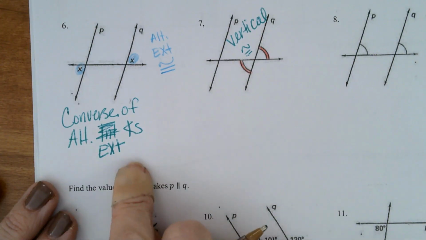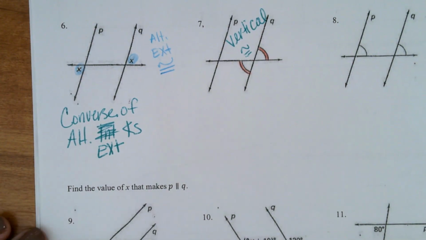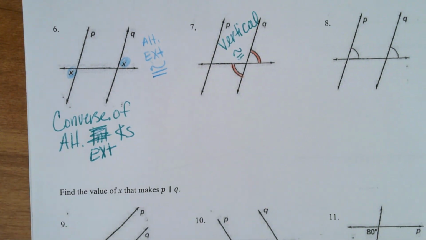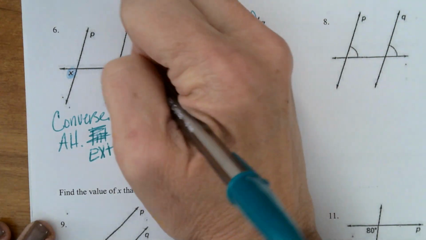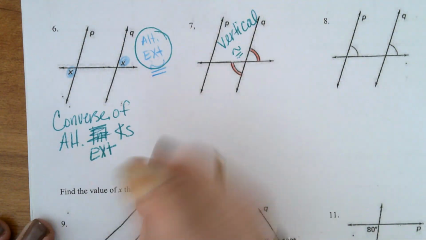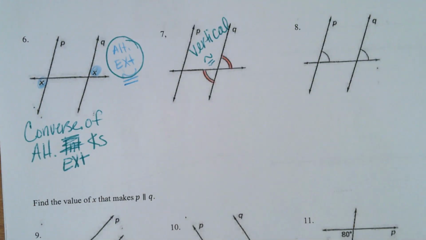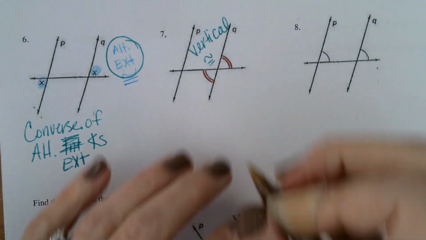Guys, you need to speak up if I make a mistake like that. Okay? And that is a common error, by the way. Okay, I even wrote alternate exterior right here, and then I turned around and I wrote interior right there. So that's something to watch for.